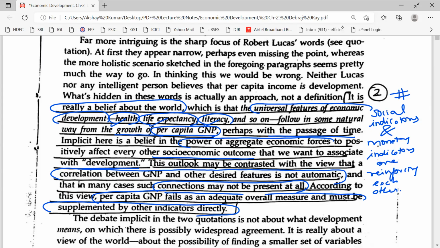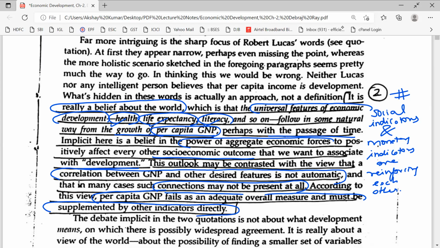Okay, so the point to understand here is that although we would expect per capita GNP and social indicators to be reinforcing each other, the correlation between them may not be automatic. In many countries, empirically, it has been found that although the countries have very high GNP, they have very poor life expectancy rates, poor health, poor literacy rates, and so on.